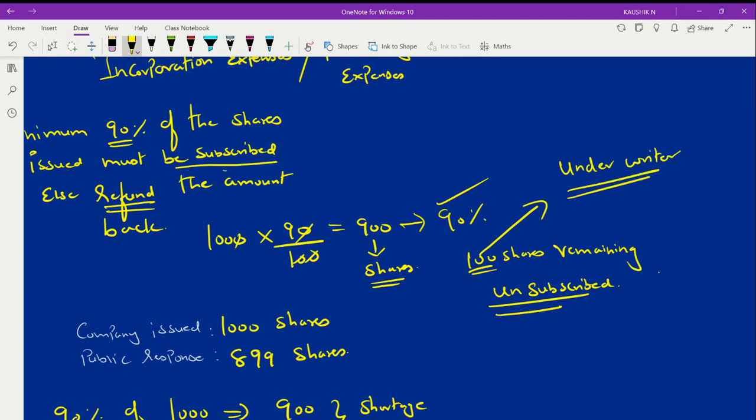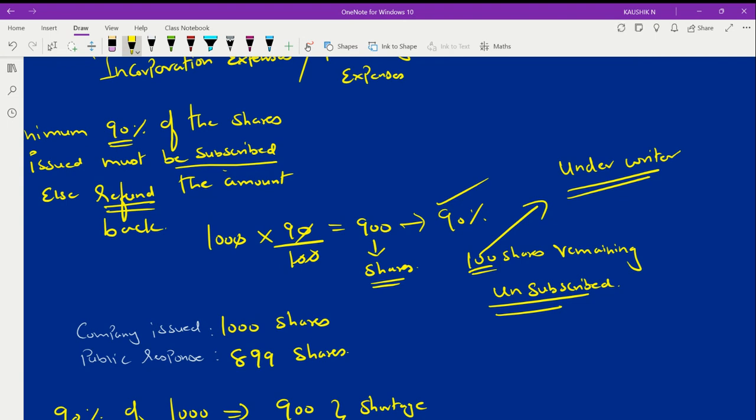Underwriter is basically a person who takes up the responsibility, saying that I am there to sell out those 100 shares. So don't worry, he builds confidence for you.